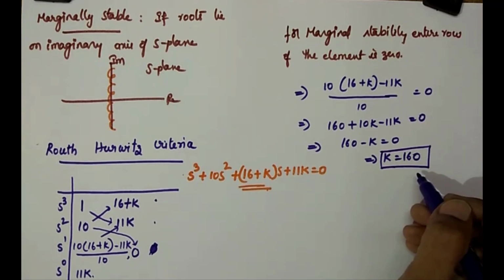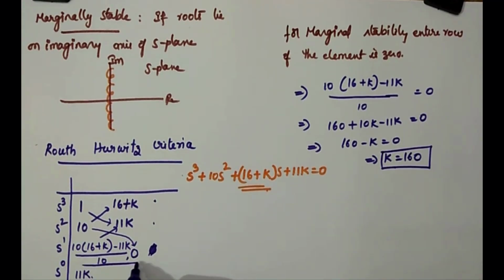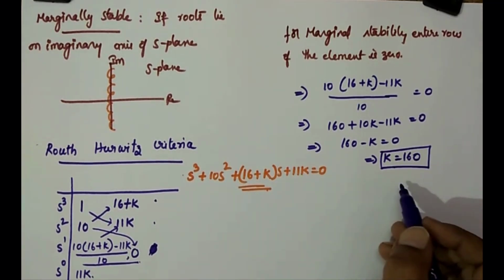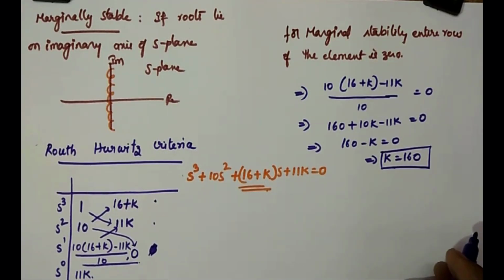If you put K equal to 160 here, you get this term also 0. So you get a whole row of zeros, and a row of all zeros means the system is marginally stable. As I already explained, in a marginally stable system the roots lie on the imaginary axis.